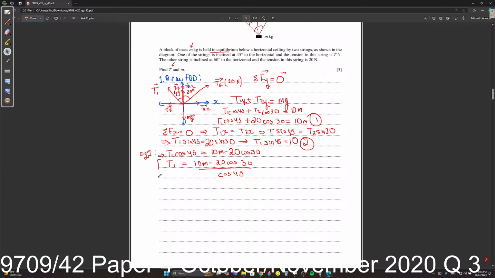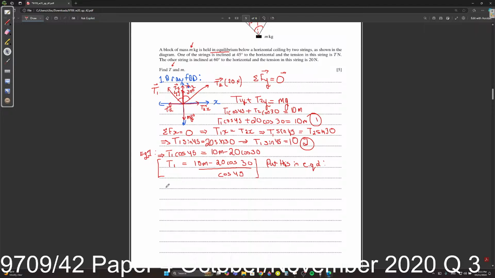If T1 is equal to this, that means over here, I can substitute T1 with this. So T1 sine 45, I'm going to substitute it as 10m minus 20 cosine 30 over cosine 45, sine 45 equals 10. So instead of T1, I'm going to put this in equation 2.